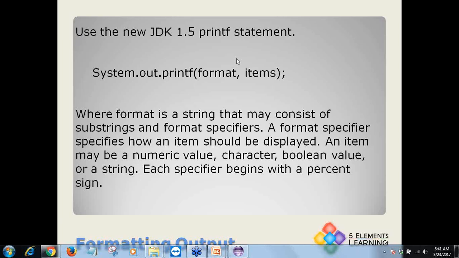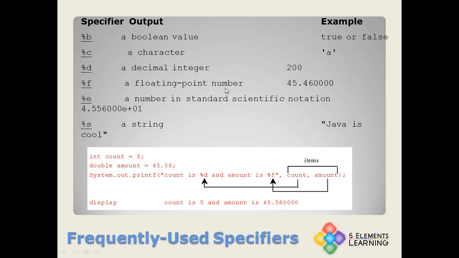So printf is a function which says print formatted string. Formats are basically your data types and items are the variables whose value will be replaced with the format. So you have got %b, %c, %d, %f. %b is a boolean value, %c is a character, %d is a decimal, %f is a floating point number, %s is a string.